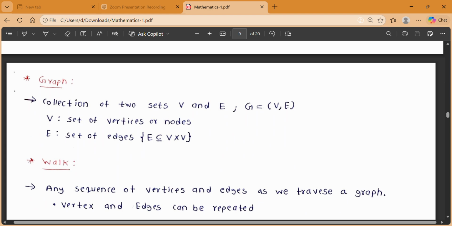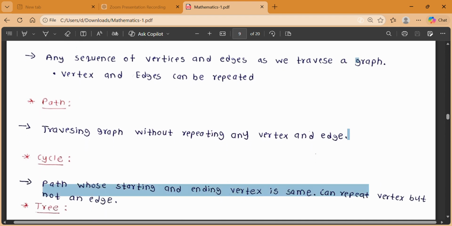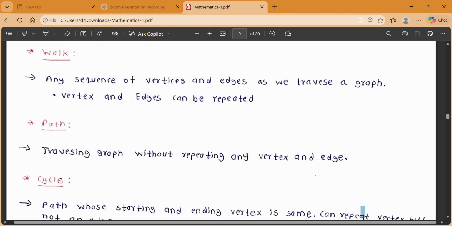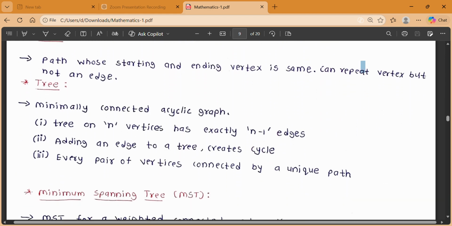Graph: a collection of two sets, equal to walk, graph, path, inversion, cycle and tree. A tree is a minimally connected acyclic graph. A tree on n vertices has exactly n minus 1 edges; adding an edge to a tree creates a cycle. Every pair of vertices is connected by a unique path.